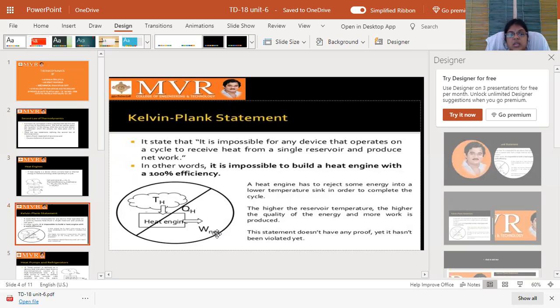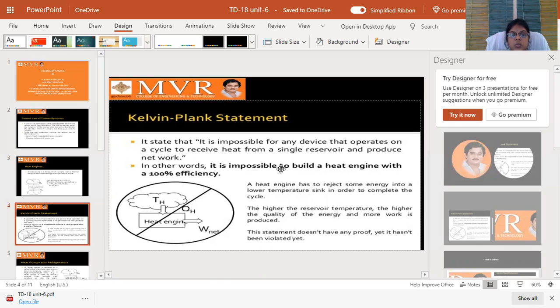But in real cases, 100% efficiency is not possible. So definitely it violates the second law of thermodynamics. The Kelvin Planck statement states that it is impossible for any device that operates on a cycle to receive heat from a single reservoir and produce net work.